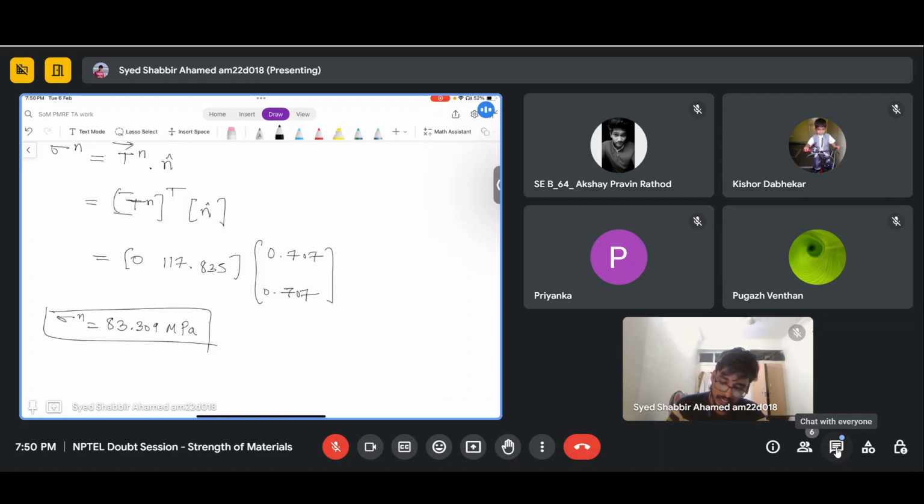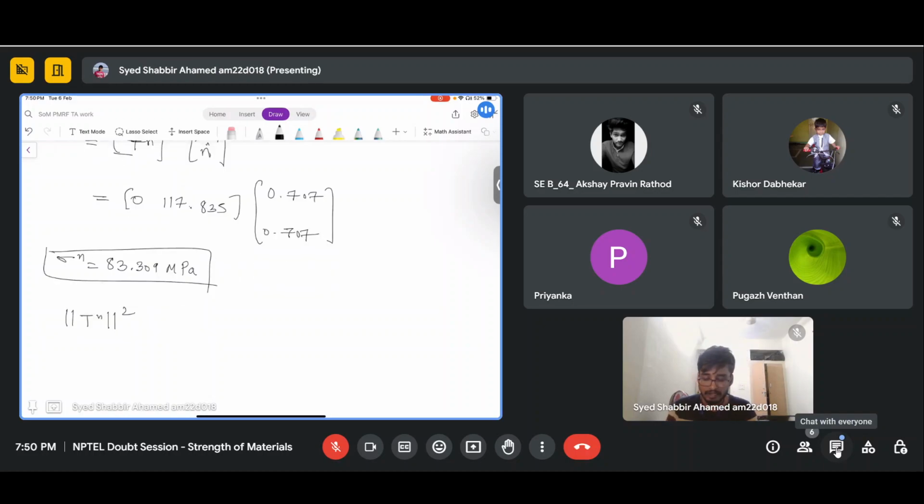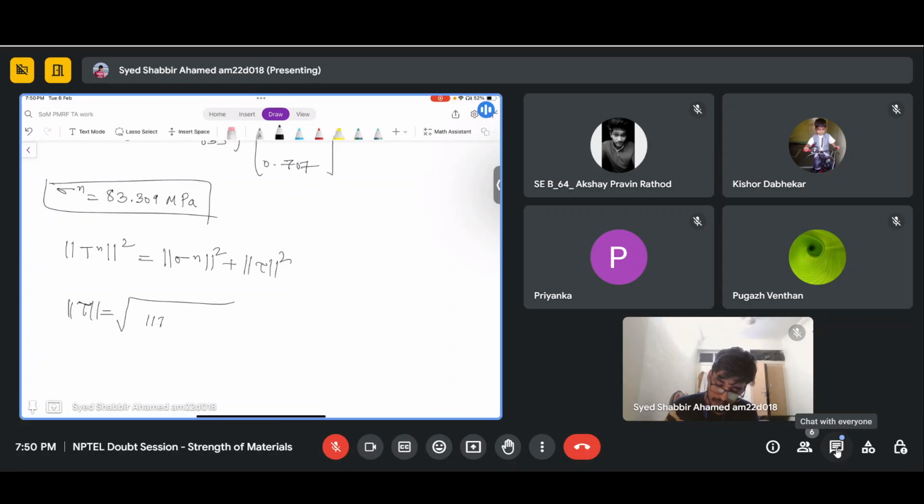Now to calculate the shear stress, we'll use this formula: the square of the magnitude of the stress vector equals the sum of the squares of the individual components, the normal and shear stress components. So the magnitude of tau equals the root of 117.835 square minus 83.309 square.